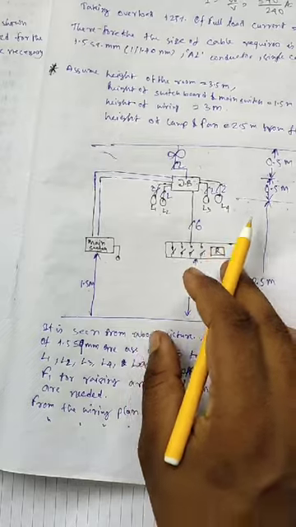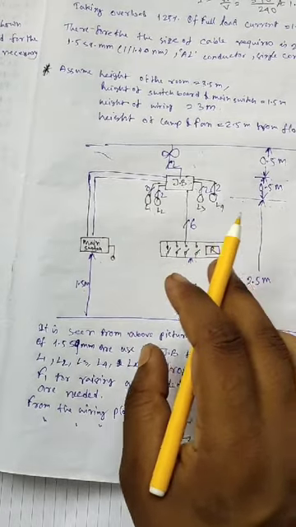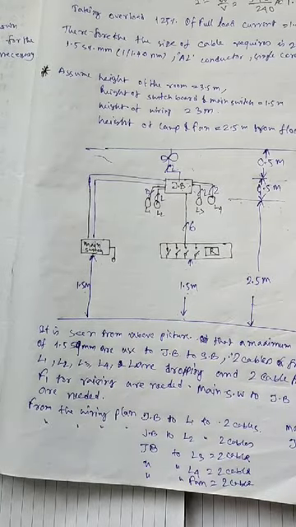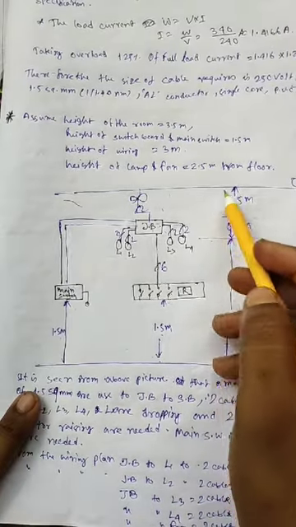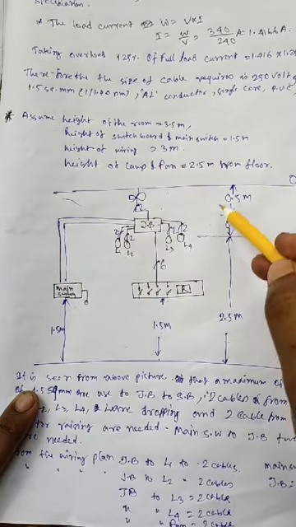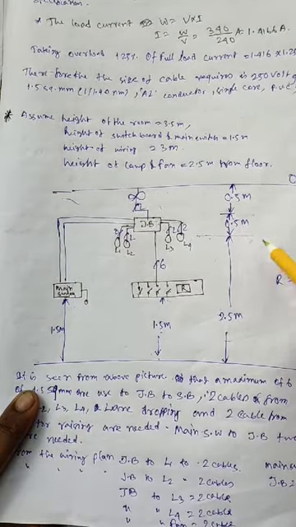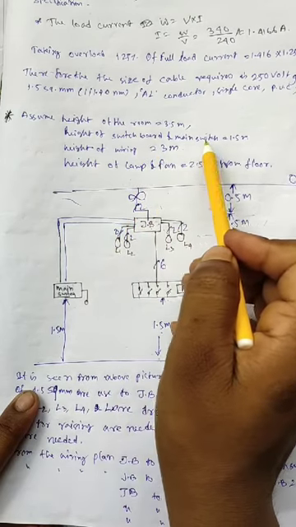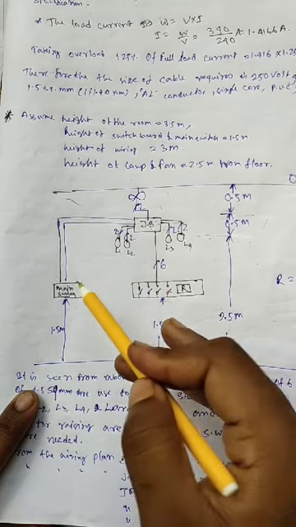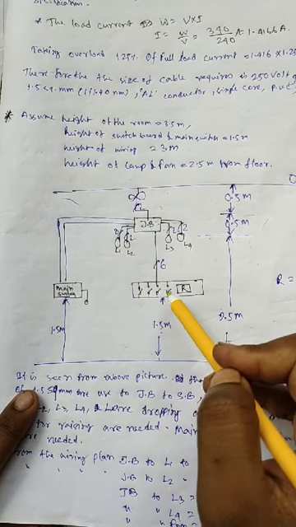First of all, you draw a side view from the single line diagram, then calculate the length of wire. We assume that the total height of the room is 3.5 meter, and the height of the switchboard and main switch is 1.5 meter. This is the switchboard, this is the main switch, total is 1.5 meter.